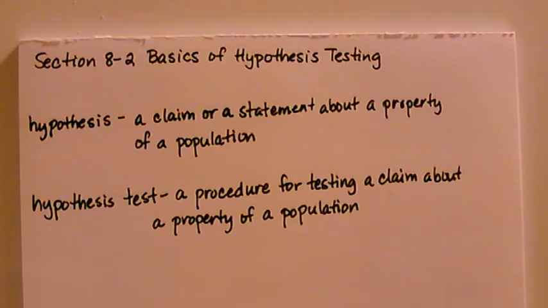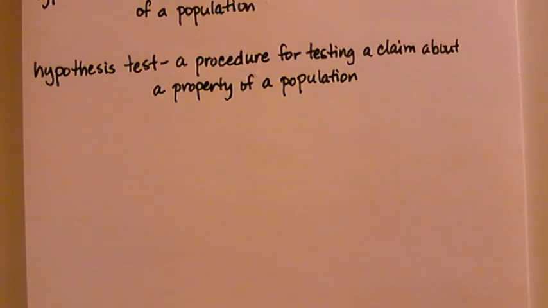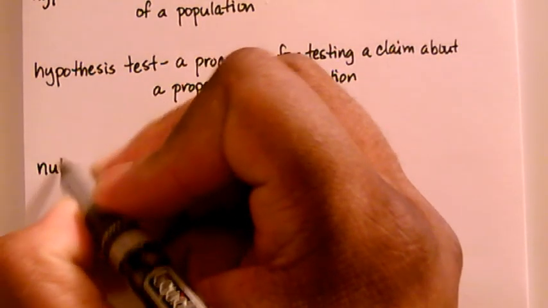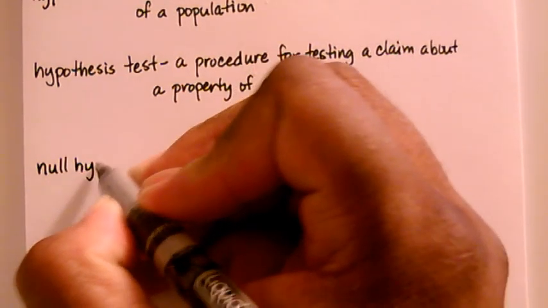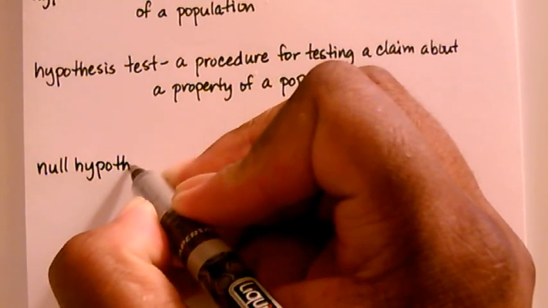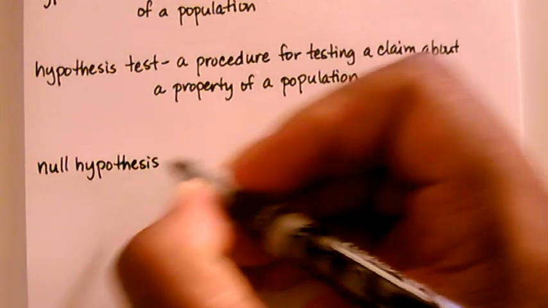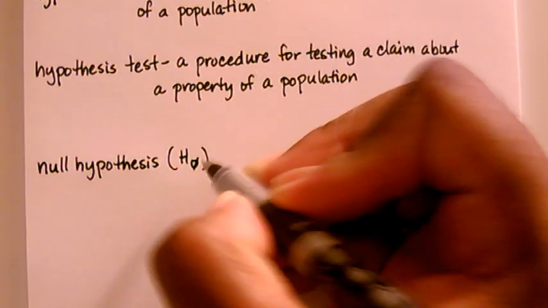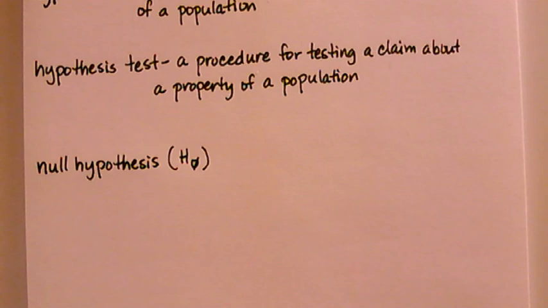There are 2 types of hypotheses that you're going to have to identify. One of them is the null hypothesis. The symbolic notation for that will be H sub 0. So the null hypothesis is H sub 0.